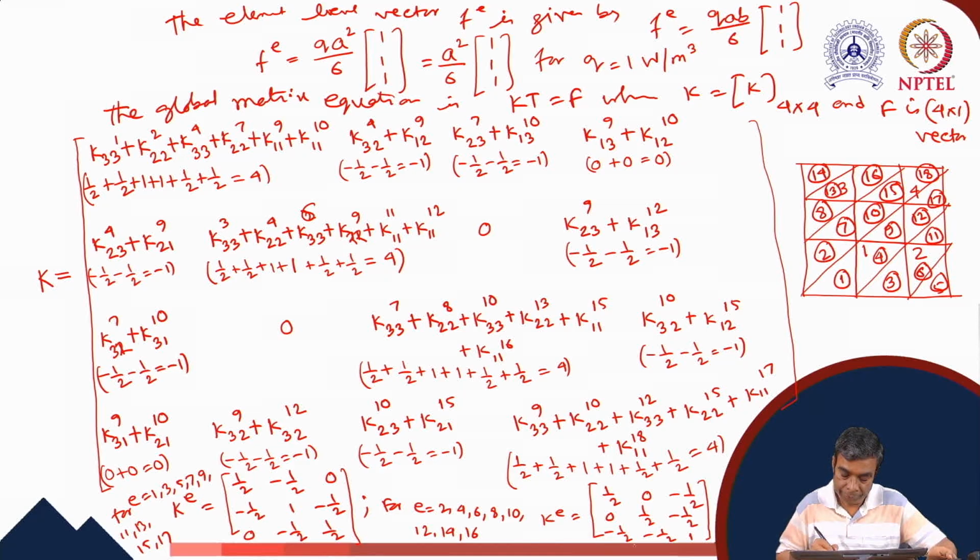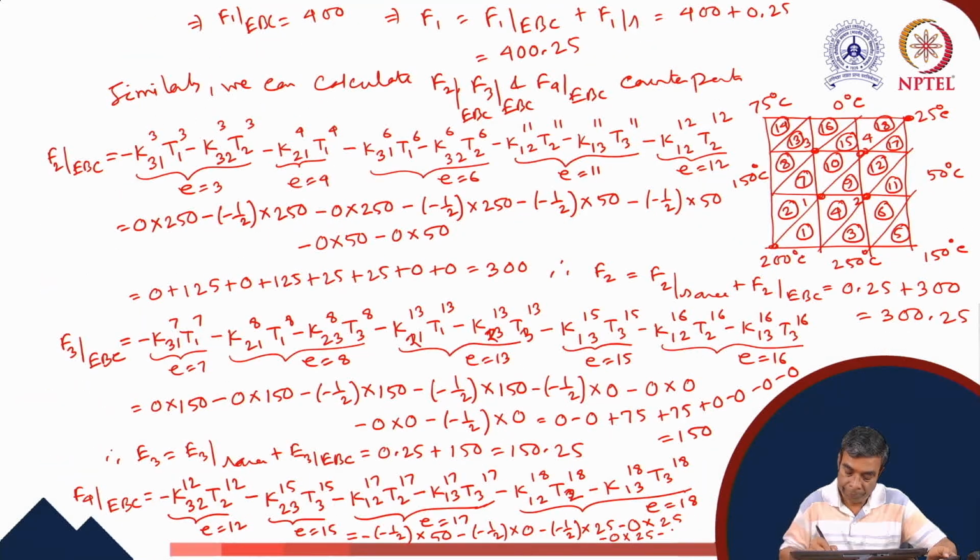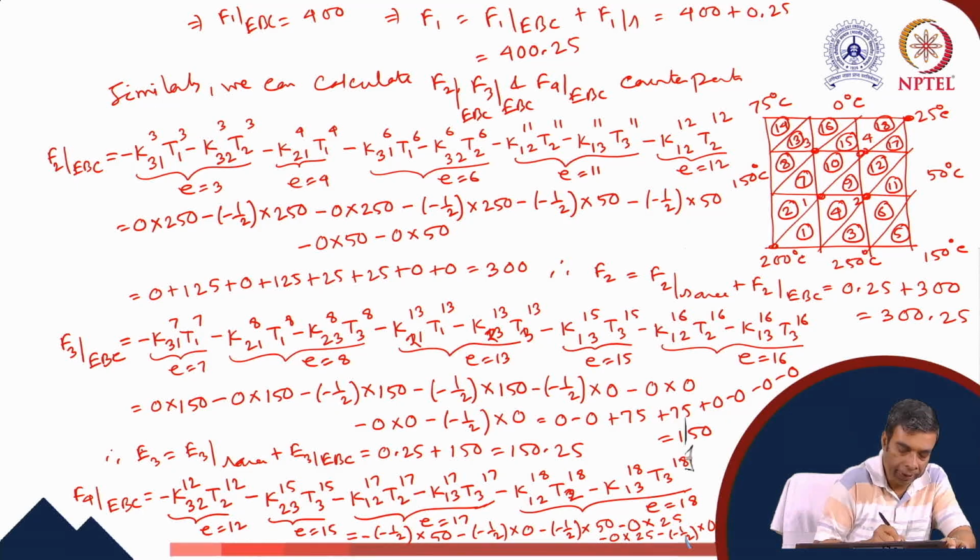K13 is minus half. This is minus half into T318. T318 is 0. So this is actually 50.